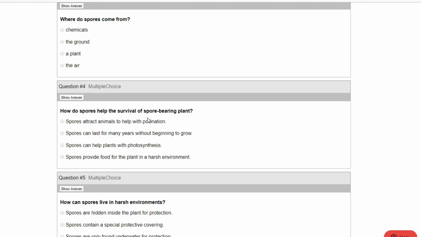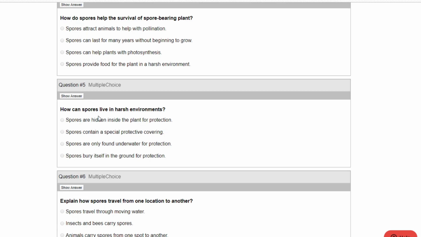How do spores help the survival? What does the spore do? First of all, you need to think about what is the spore's main function. Okay, and then how does it help the survival or help the plant to continue on?